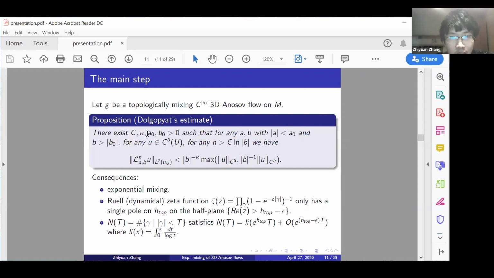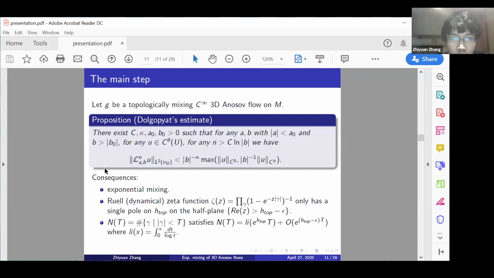So there is an A0, B0, and you consider all parameters A with modulus smaller than A0 and all parameters B with modulus bigger than B0. You consider a Hölder function, and you take n of this size. Then you can show that the L2 norm of this function is smaller than some small inverse power of B times the maximum of these two things.